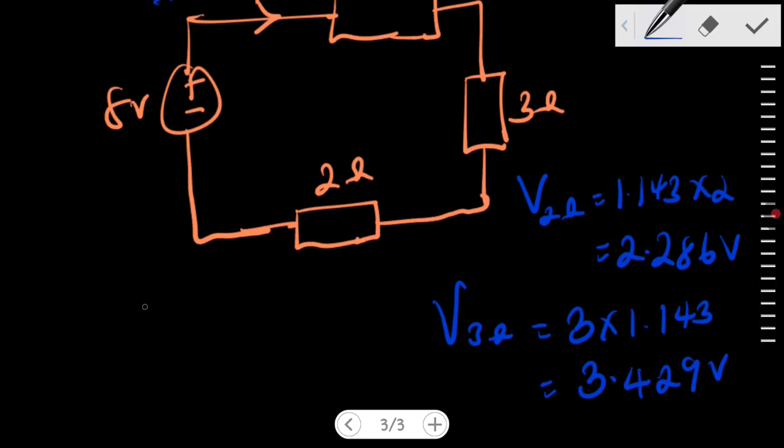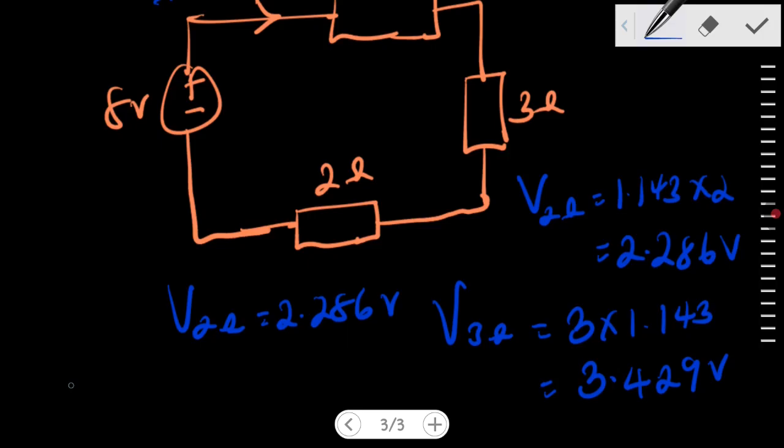And also the PD across the other 2 resistor is the same as this one, 2.286 volts. Now, if you sum up all the PDs, they have to give you the same volts as the one at the voltage source.